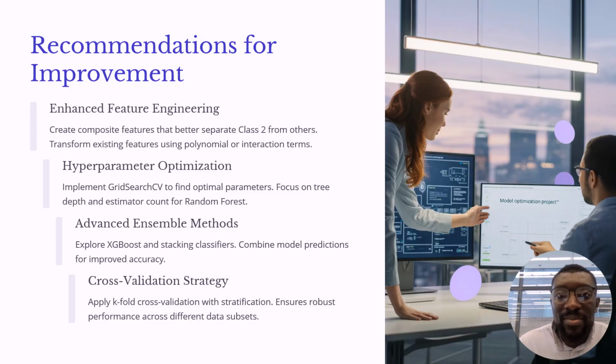So despite the fact that we had some errors, we can still improve our analysis, and that's where the recommendations come in handy. So we enhance our feature engineering by creating a composite feature that better separates class 2 from the others, which transforms the existing features using polynomial and interaction terms.